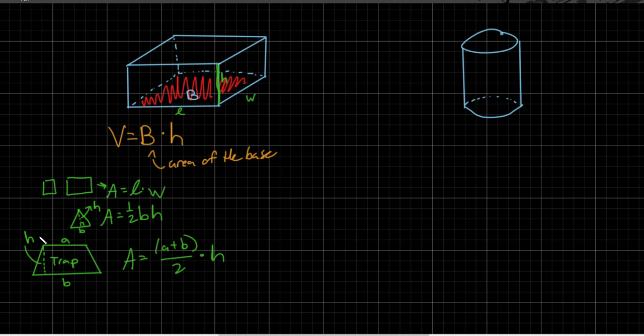Okay, this is all big B. It just depends on what your base is for the prism. Sophia, a cylinder is so much easier because a cylinder doesn't change the base. A base is always what shape in a cylinder?